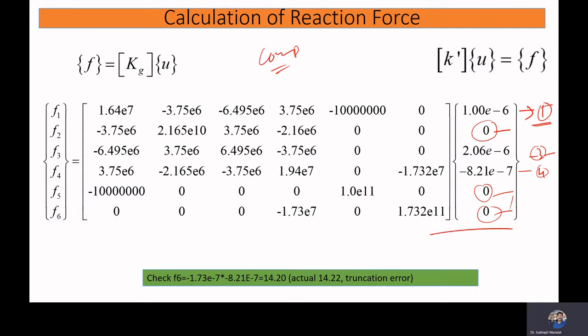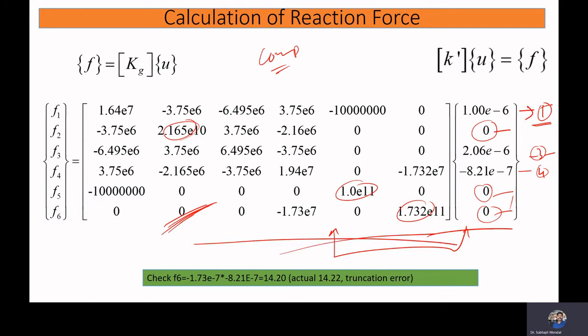Once we apply that compatibility condition in terms of nodal values, and multiply with our stiffness matrix, which also contains our boundary conditions, we can obtain our force vector.